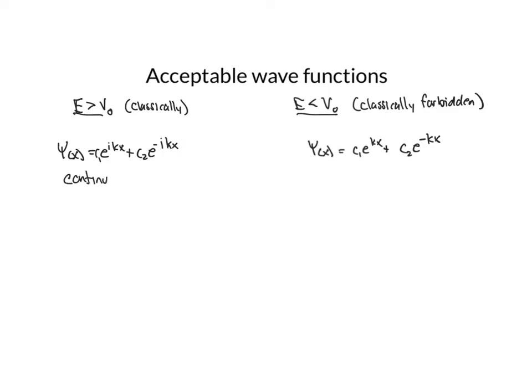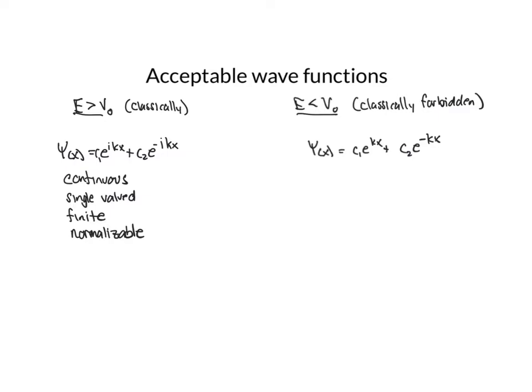We need to make sure that these functions are continuous, single valued, and finite. And in addition, we need to be able to normalize these functions, so they have to be normalizable.